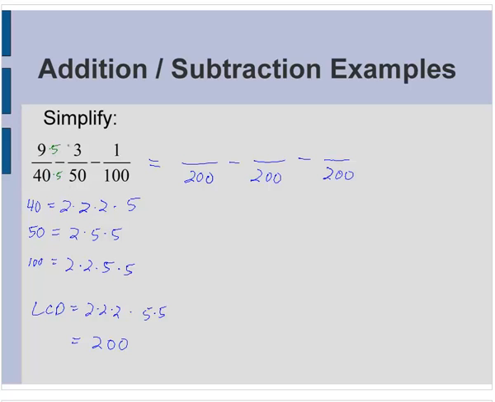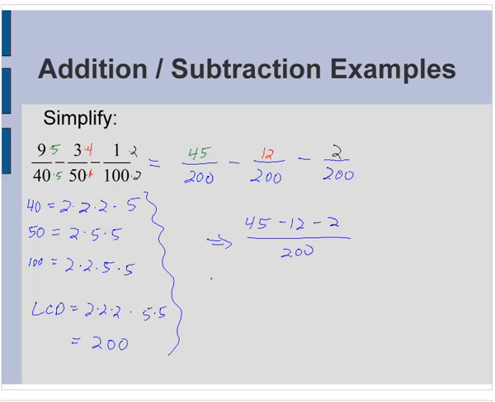9 times 5 is 45. 50 times 4 is 200. 3 times 4 is 12. And 100 times 2 is 200. And 1 times 2 is 2. So then this would give us 45 minus 12 minus 2 over 200.